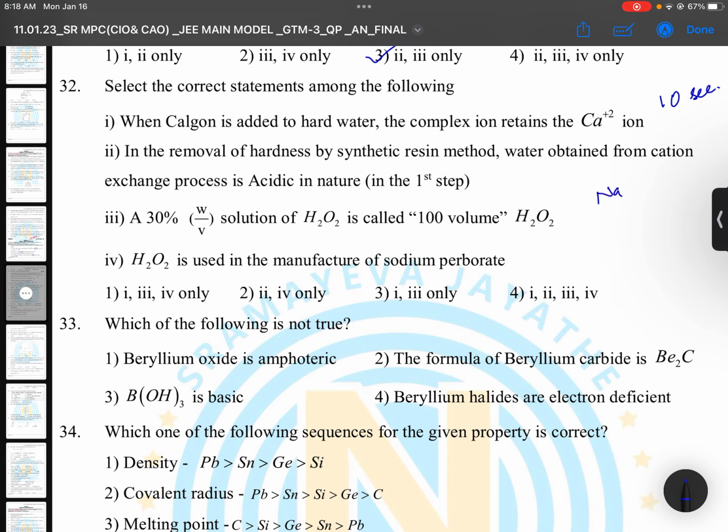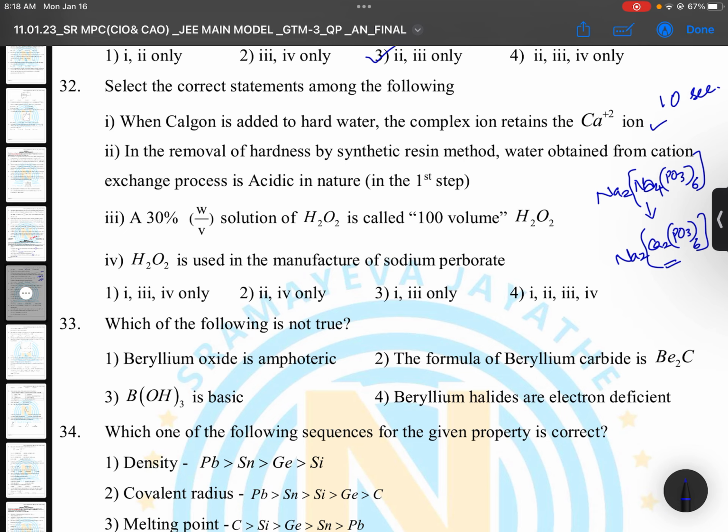Actually, calgon is Na2, Na4, PO3 taken 6. When this is treated with calcium ions, Na2, Ca2, PO3 taken 6. So calcium ions are retained in the complex. Right statement.